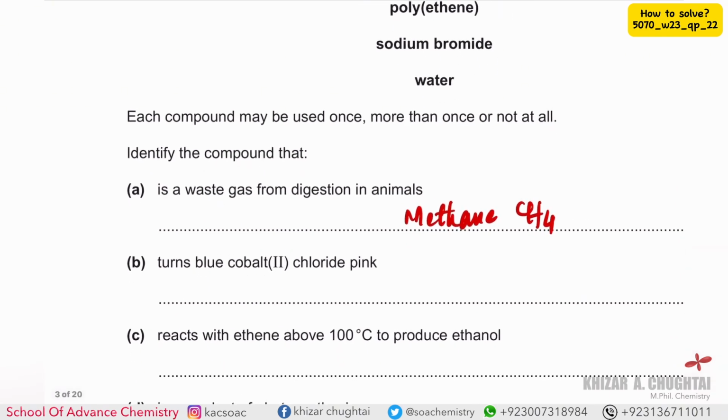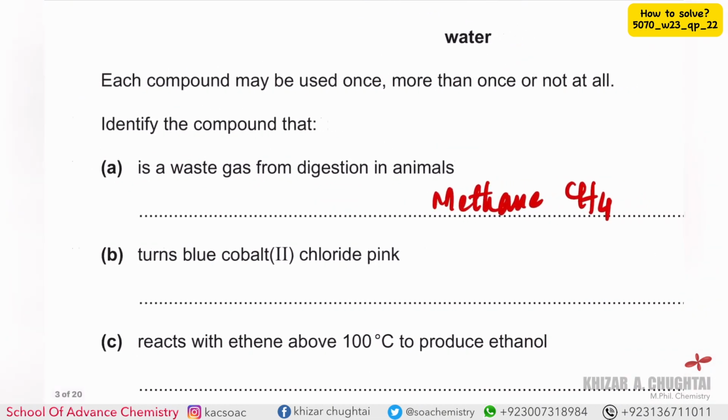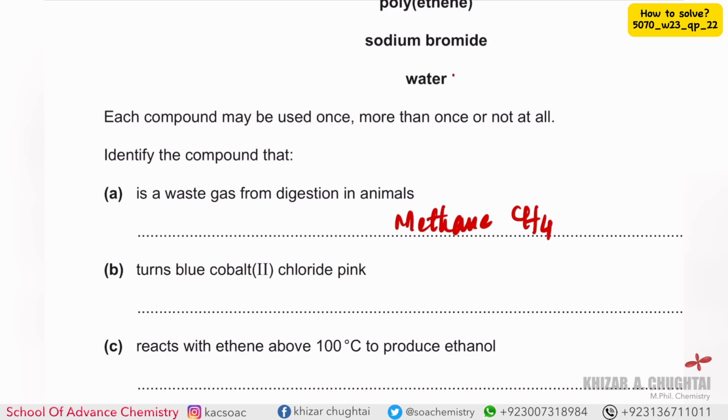B, a compound that turns cobalt 2 chloride pink. It's a property of water that water turns cobalt 2 chloride pink. So it's a test of water basically.